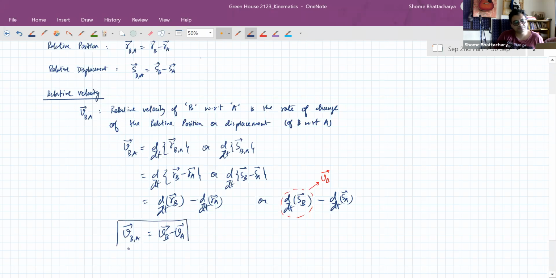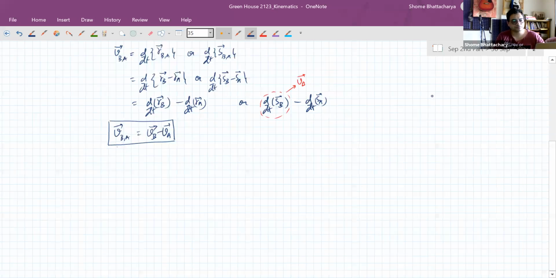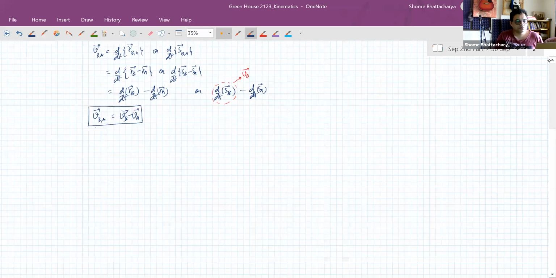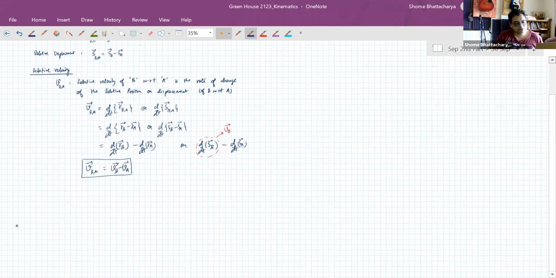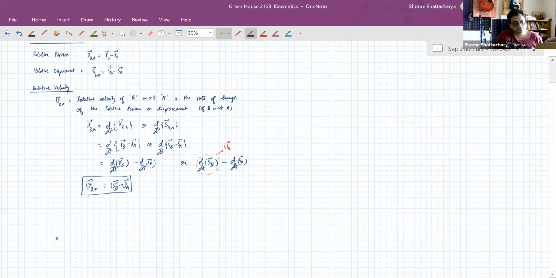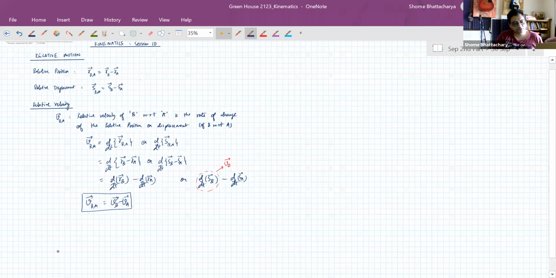The definition follows the same pattern as you can see above for relative position and displacement. The relative velocity is the difference of the absolute velocities, or the velocities in the ground frame. That is why, for example, you can see that if you have that situation of two objects moving parallelly, suppose this is moving at 10 and this is moving at 15.